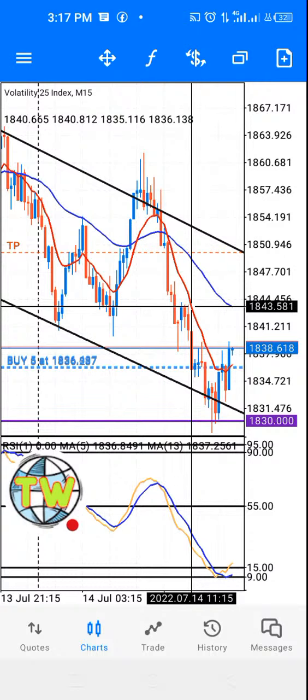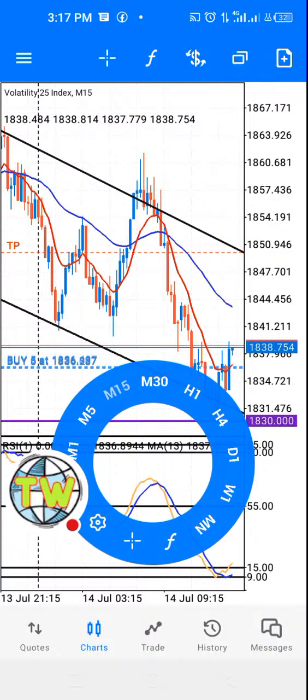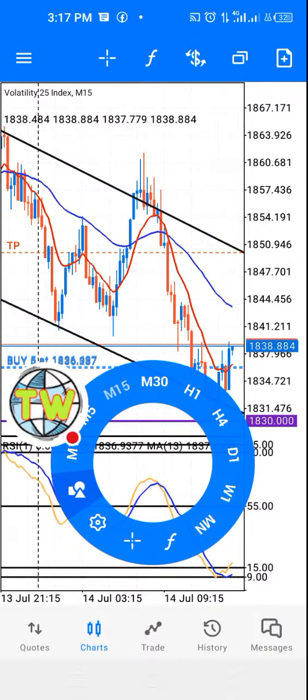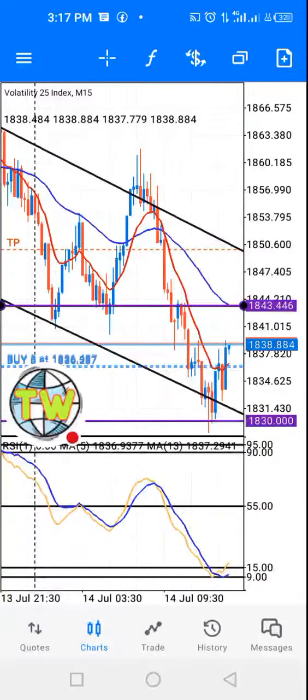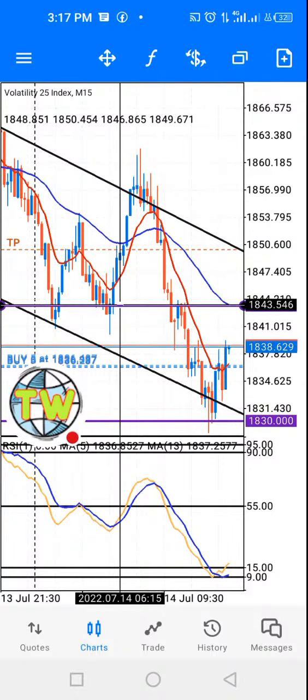You can just mark out this point of the 1843 level. If this trade runs to this 1843 level, I'll urge us to set our stop loss to break even. If not actually break even, we can still move it a little bit into the profit zone.